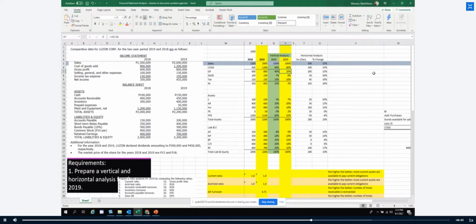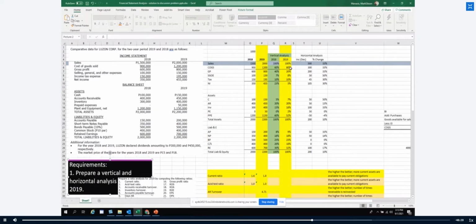Now let's go to the vertical analysis for your balance sheet. Like I said, I've already provided here the vertical analysis for 2018. While this is not part of the requirement, for illustration purposes, I've also included it here. I encourage you to calculate it yourself and then compare it with the ones reflected here.